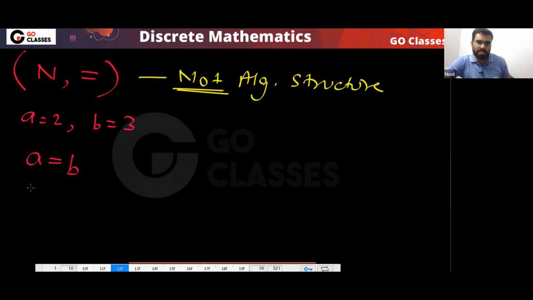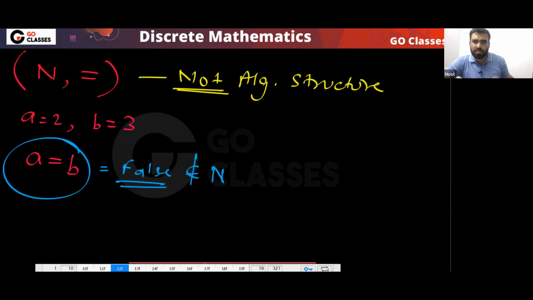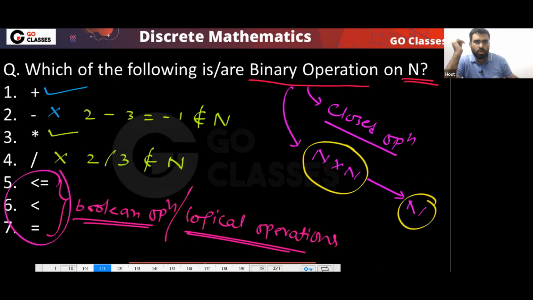If you perform this operation, what will you get? You will get false, and this false does not belong to the set of natural numbers. You will not get a natural number, you will get a false. These are logical operations. These are not binary operations.